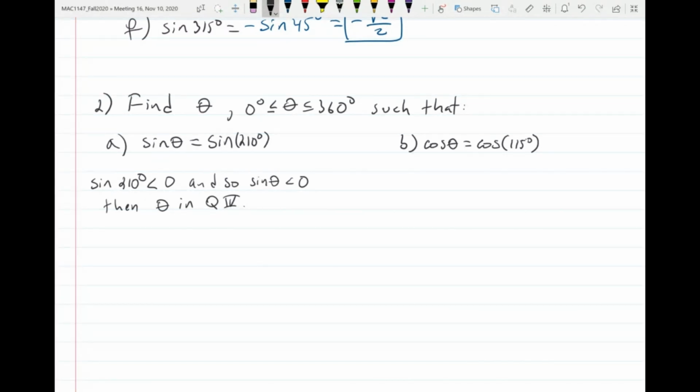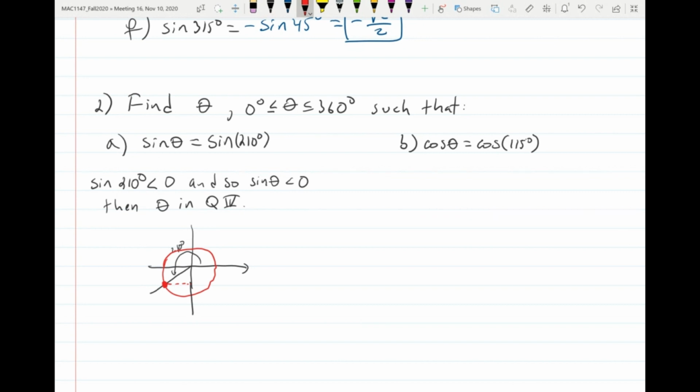So you either do the analysis this way or you can draw the little picture, right? 210 is somewhere in here. So let's put our unit circle right here. This point is the one whose y value gives you sine of 210, which is negative.